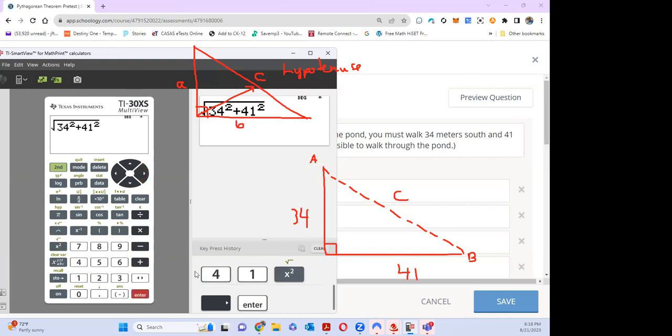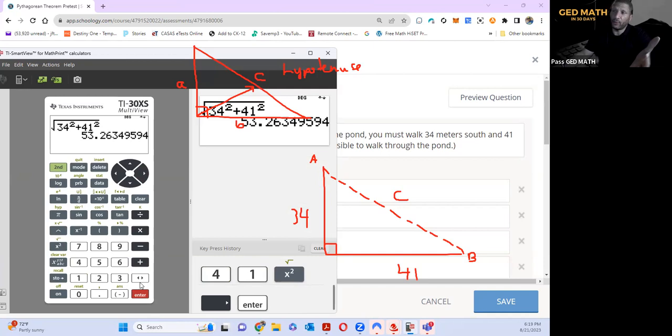Get out of my square root, hit enter, and it tells me 53.2. So my answer to the nearest meter is 53. Algebraically, look how long it took. Using the calculator, it took me 15 seconds.